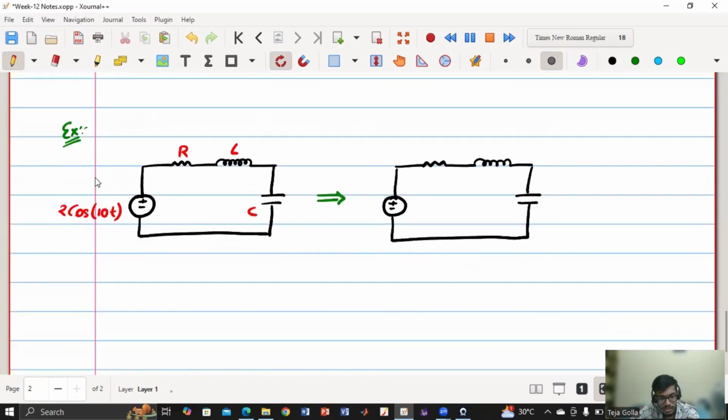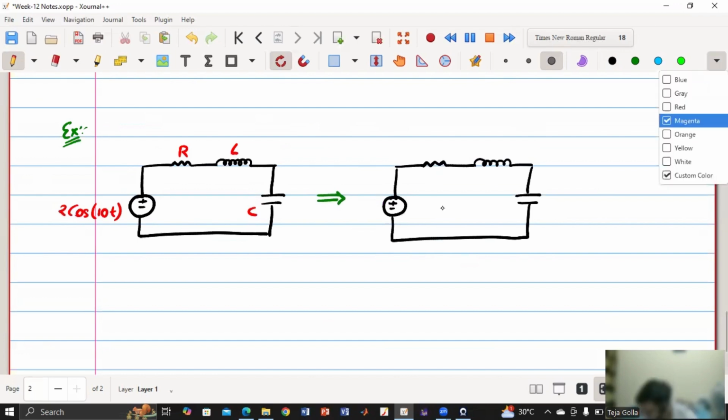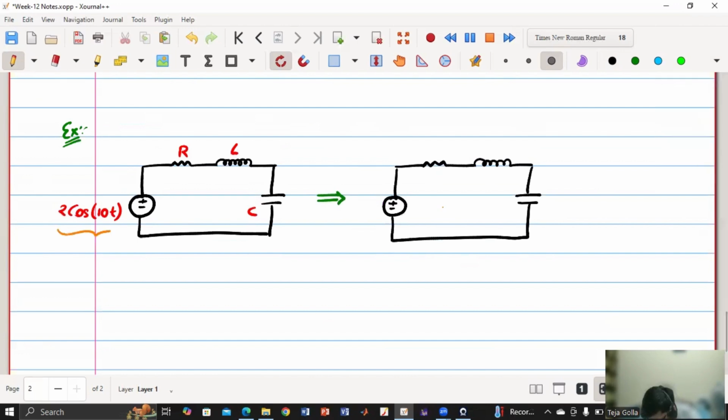So how is this written? 2 cos 10t is nothing but real part of 2 into e to the power j 10t, and there is no phase. So 2 is the phasor.